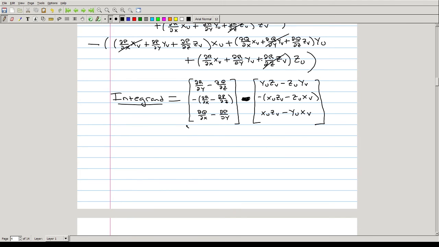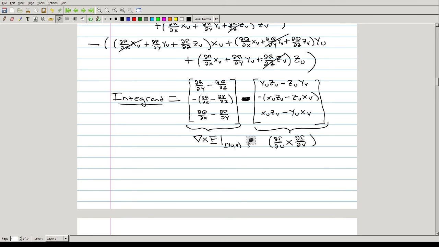And what you'll hopefully recognize this as is the curl of our vector field F evaluated on our surface, r of u,v, because all of these are evaluated at r of u,v, dot product with this vector right here, which is exactly partial r partial u on our parameterized surface, cross partial r partial v on our parameterized surface.